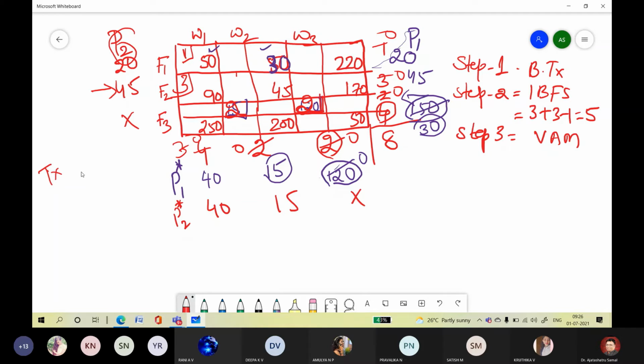Anybody? Total cost value: 1 into 50 plus, next, 3 into 90. 90 into 3. 3 into 90, correct? 3 into 90, plus 2 into 200. 2 into 200, correct?